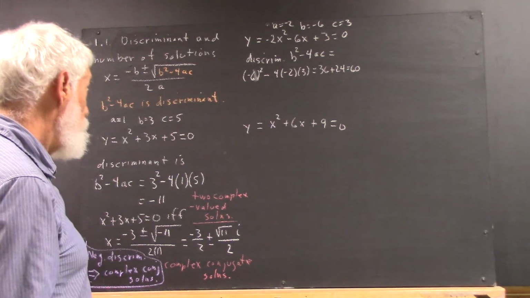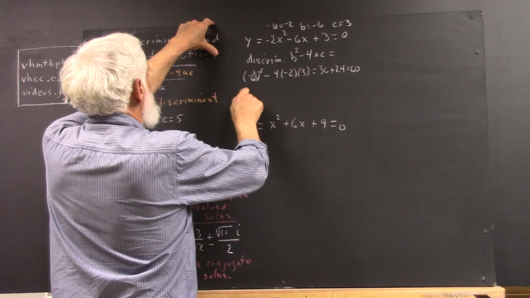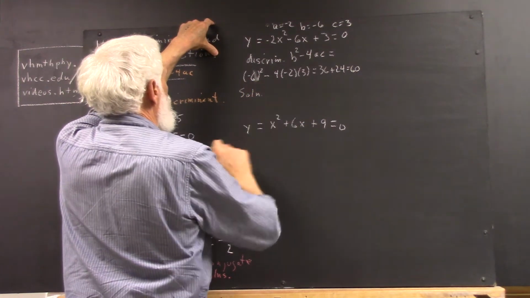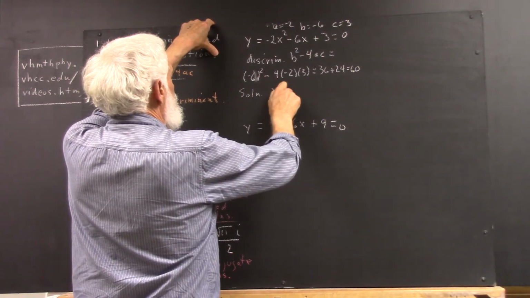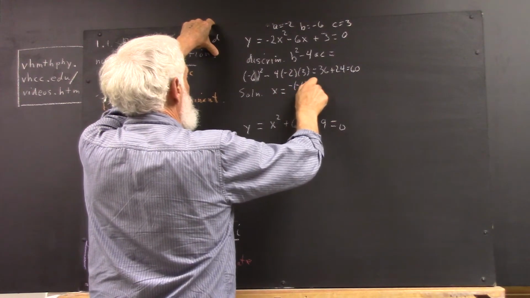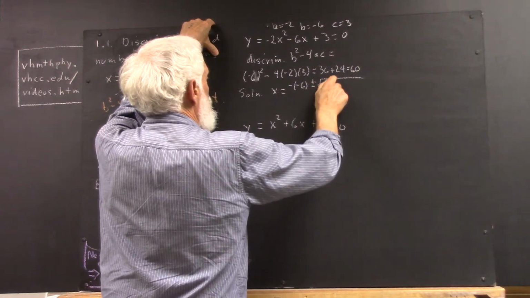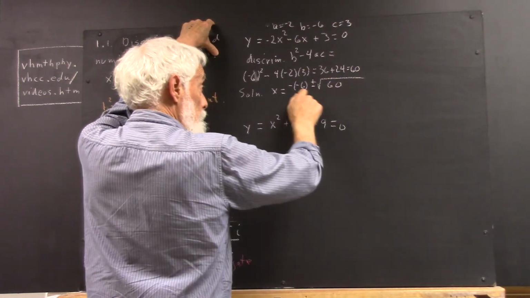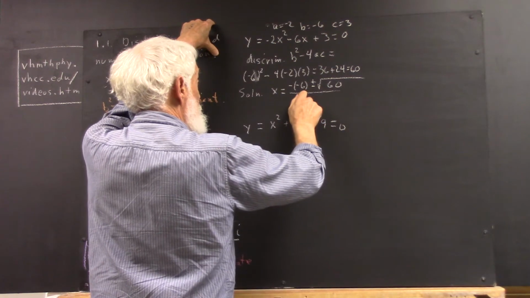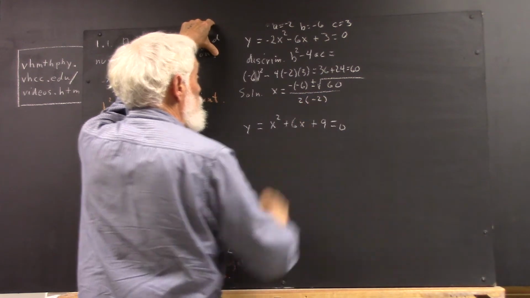Okay, so our solution is x equals negative b, which is negative of negative 6, plus or minus the square root of 60, that's our discriminant, divided by 2 times negative 2.